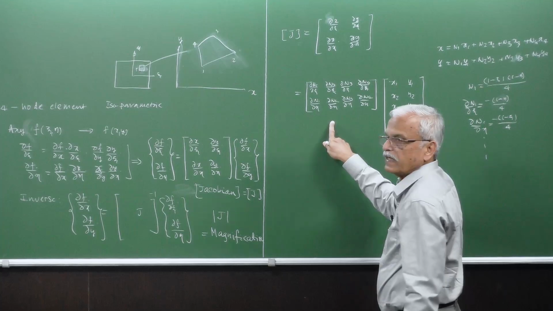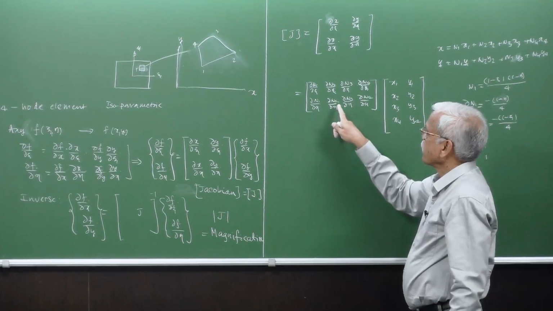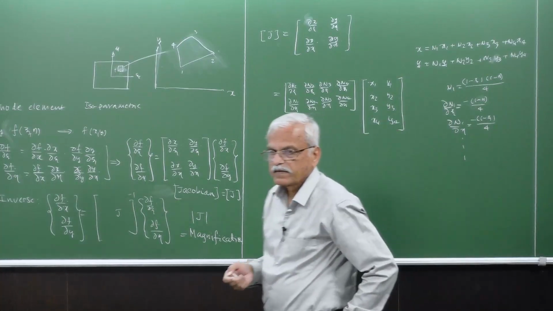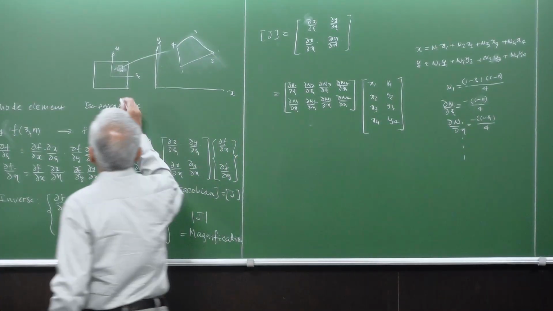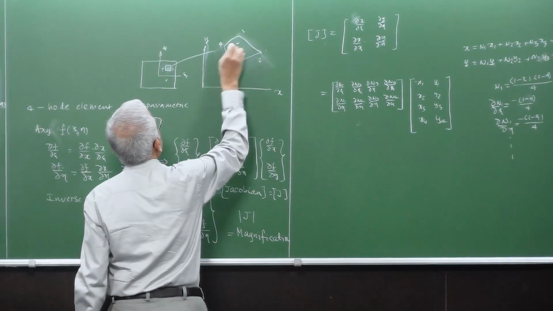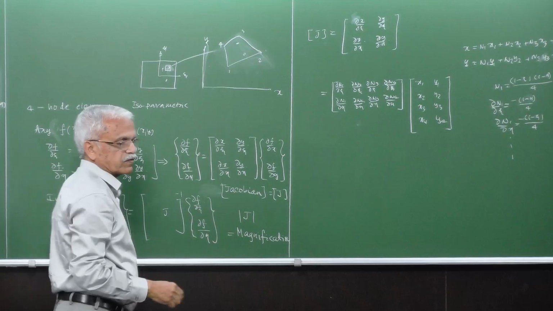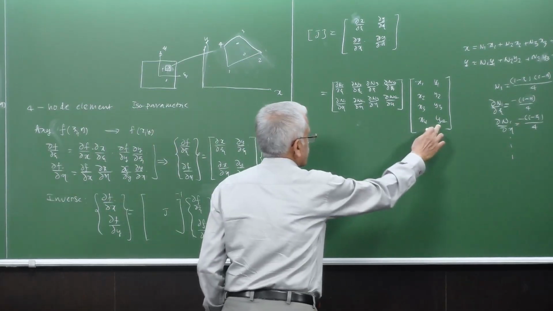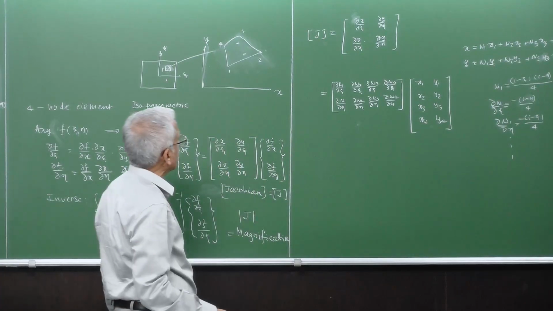The Jacobian we can find out in terms of xi eta. That means the Jacobian is a function of xi eta, so its value keeps changing from here to here to here and so on. And obviously it is also a function of the nodal coordinates.